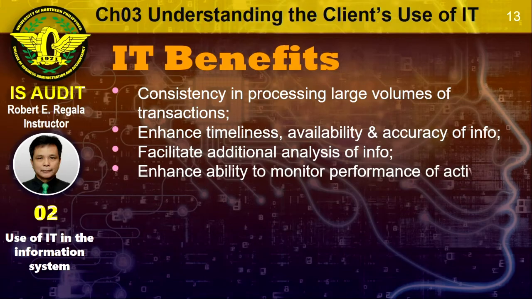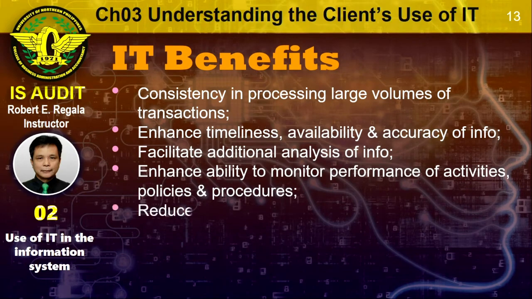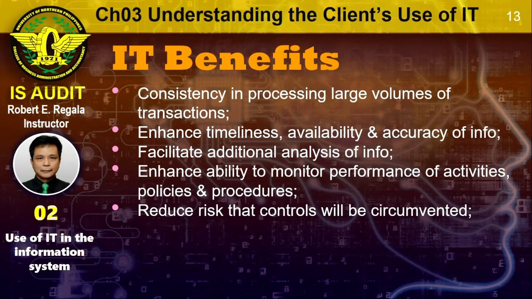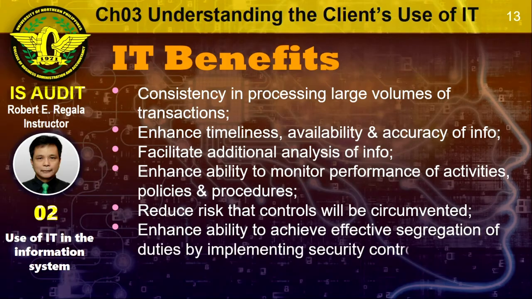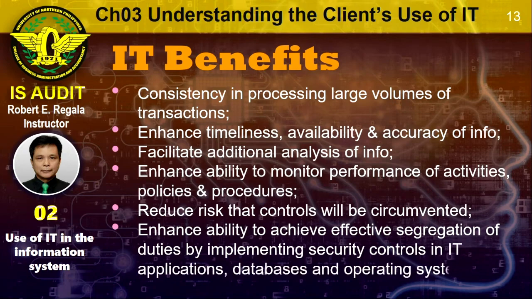Enhance the ability to monitor the performance of the entity's activities and its policies and procedures. Reduce the risk that controls will be circumvented and enhance their ability to achieve effective segregation of duties by implementing security controls in IT applications, databases, and operating systems. Some of these may by now be familiar to you from our discussion of Chapter 1 and Chapter 2.